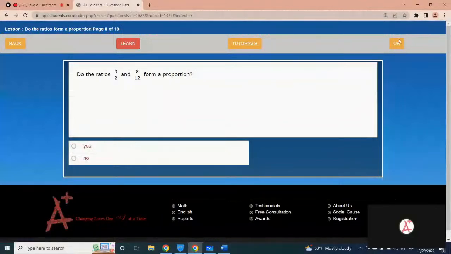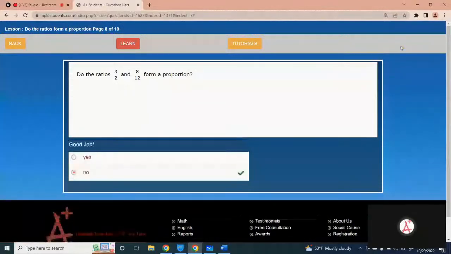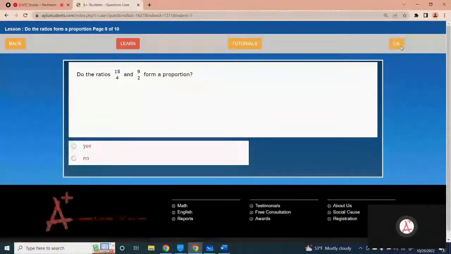So 3 by 12 and 8 by 12 form a proportion. The answer is yes or no? The answer is yes, they form a proportion. Got it? Because when you multiply... no, they don't form a proportion. Sorry. The answer is no. Got it? Yes, very good. The answer is no. Okay, the next one is, do the ratios 18 by 4 and 9 by 2 form a proportion?